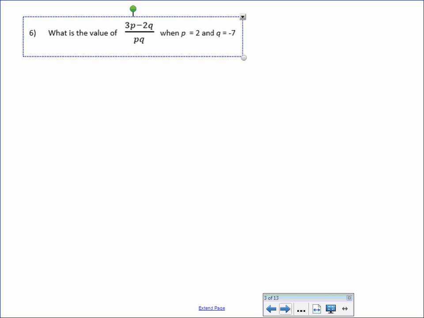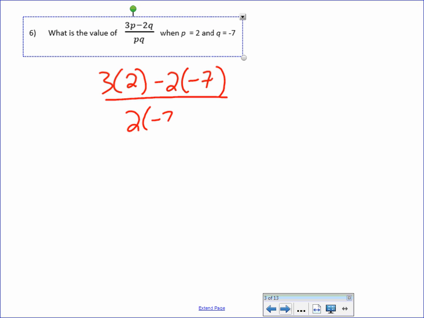Move on to number 6. What is the value of 3 times p minus 2 times q all over pq? So we will go 3 times 2 minus 2 times negative 7 over 2 times negative 7.